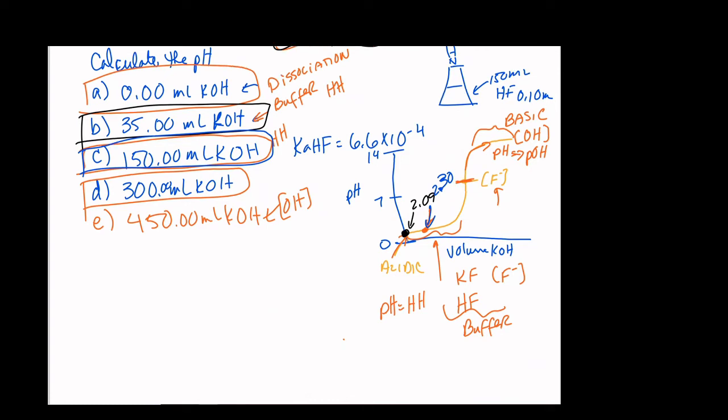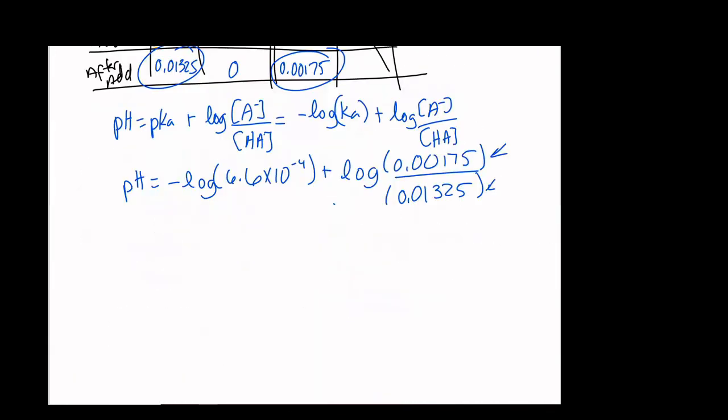So after 150 milliliters KOH, let's go ahead and calculate our pH, okay? So initially we calculated earlier that we started with 0.015 moles of HF.